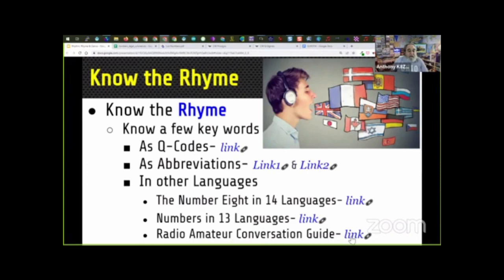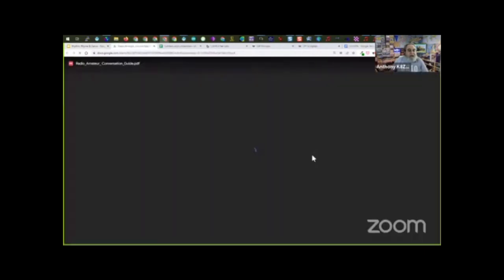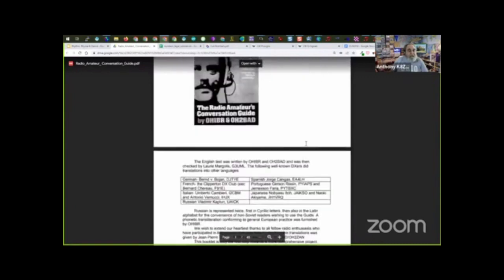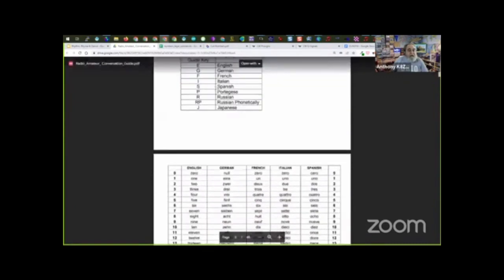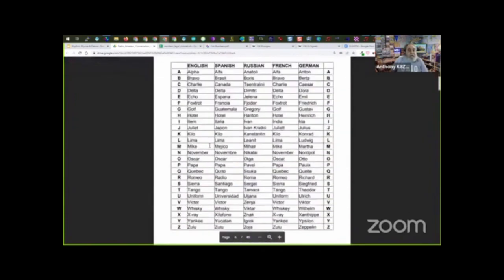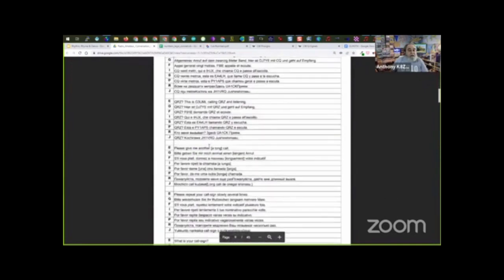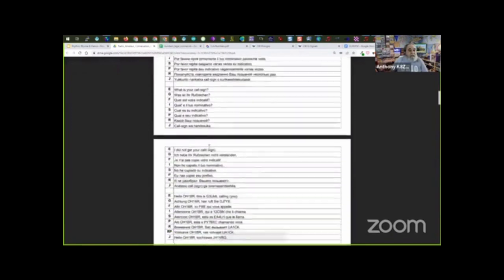Also, there's a radio amateur conversation guide that was put out by 2 Finnish hams back in the 80s, I think it was, and it's out of print, but they have given me permission to post the PDF of it, so you can get the whole document, and it has the key here to what the languages are, and then they have the numbers, and they have phonetics and other things, and then they also have little phrases, like starting a QSO in different languages.